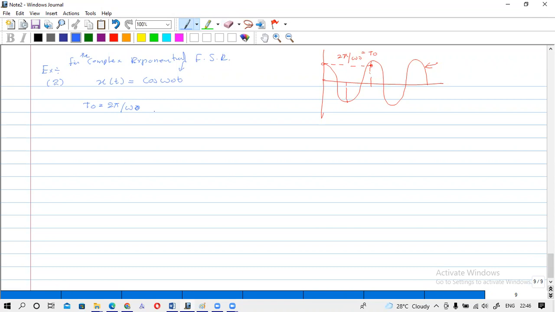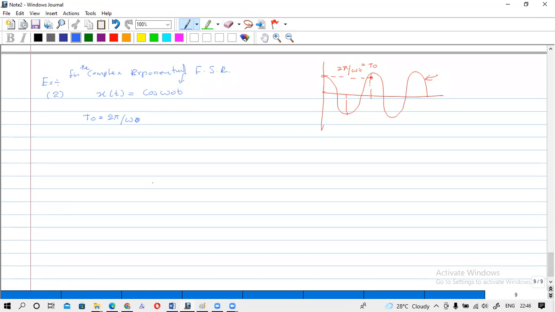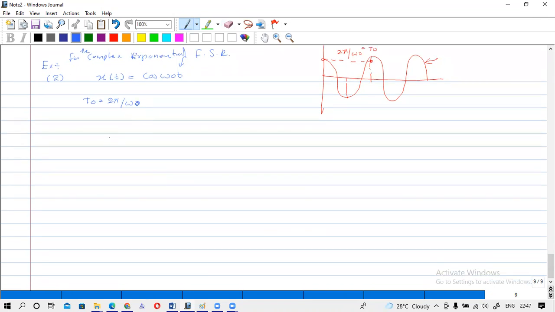So we know that this is a repetitive signal, so we should be able to represent this as a collection of complex exponential signals. This k can be from 0, 1, 2, 3 up to plus infinity, and -1, -2, -3 up to minus infinity, and so on.